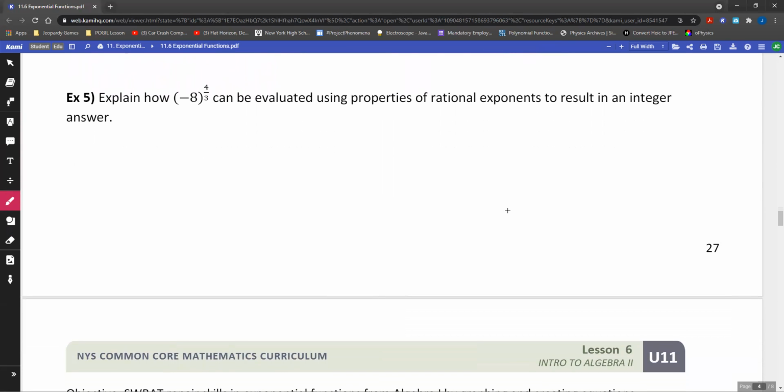So here it wants to know how this could be evaluated using properties of rational exponents to get an actual number. So really, this is just asking how can we do this by hand. The way we're going to do this is by rewriting this in root form.